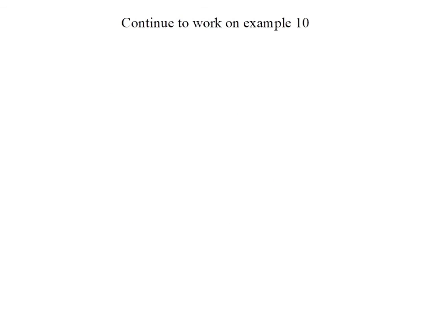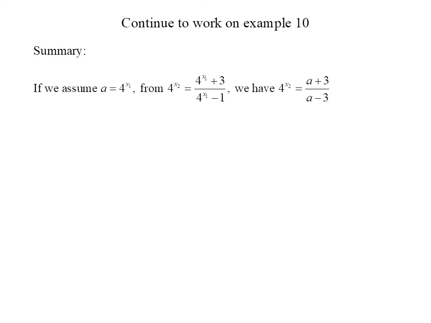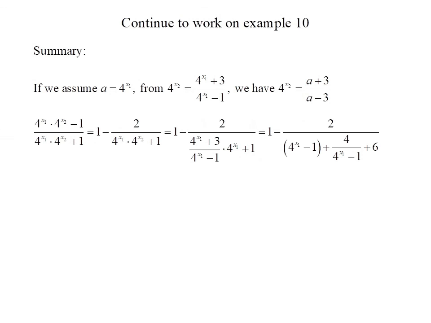Here we provide a summary on example 10. Based on the relation between x sub 1 and x sub 2, it is worth noting that the algebraic technique of transforming the expression of f(x sub 1 plus x sub 2) to a proper fraction containing 4 to the x sub 1 only in the denominator is quite powerful, which enables us to apply the basic inequality formula to obtain the minimum value, and at the same time cancel out both variables x sub 1 and x sub 2.